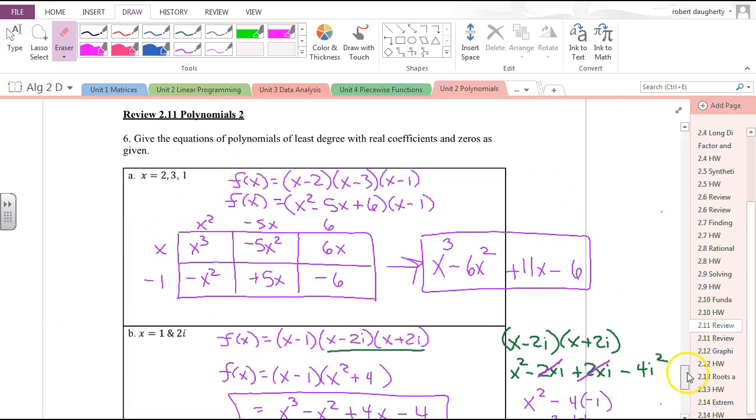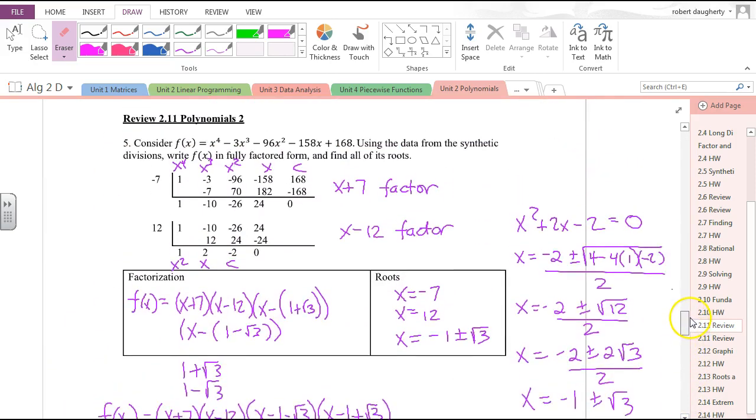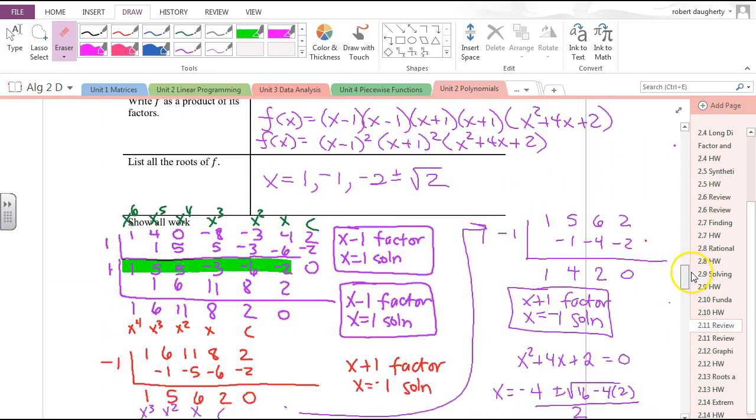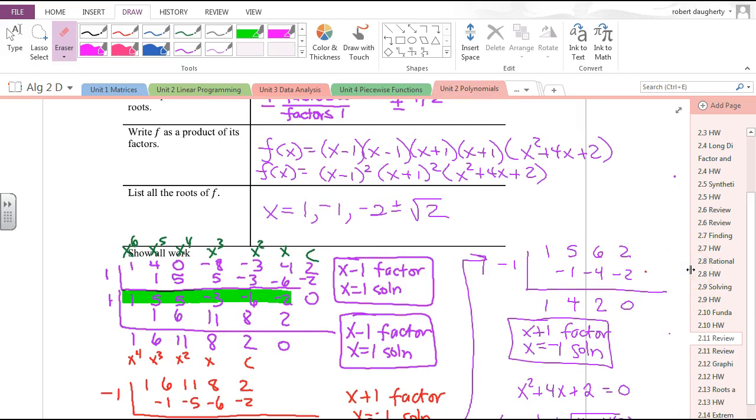Also, I was taking a look at the answer key. If I look back at this one right here, we can write the final factorization based on all the roots. So I can write my final factorization as f of x equals x minus 1 squared, x plus 1 squared, and then remember I've got the roots of what?